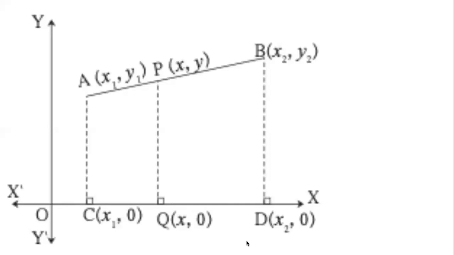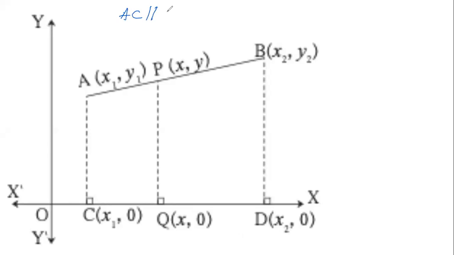Now let us see what happens when we start looking at this line segment AB along with another line segment CD. You see, AC is parallel to PQ is parallel to BD. I'll write that again for you.